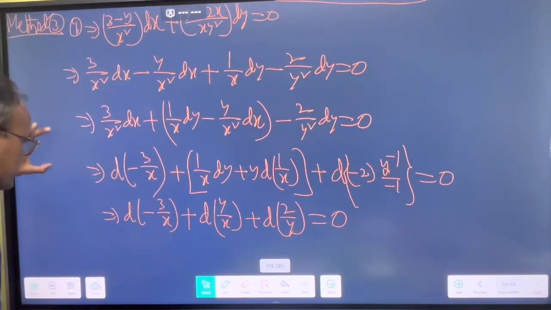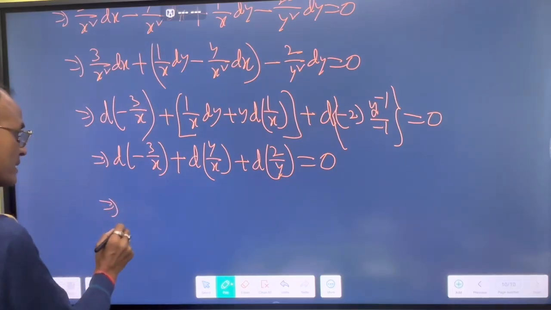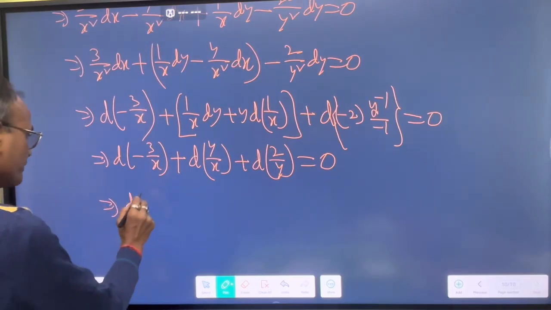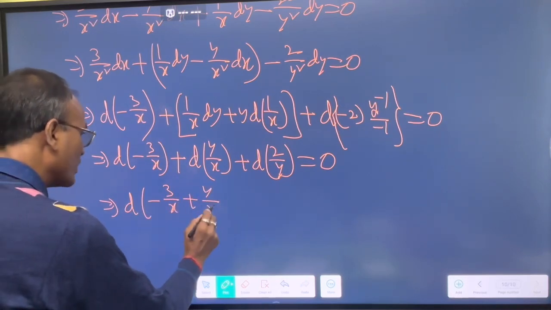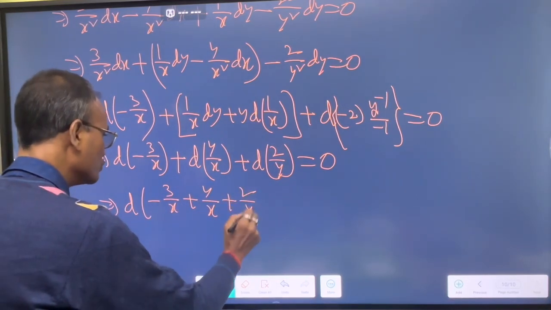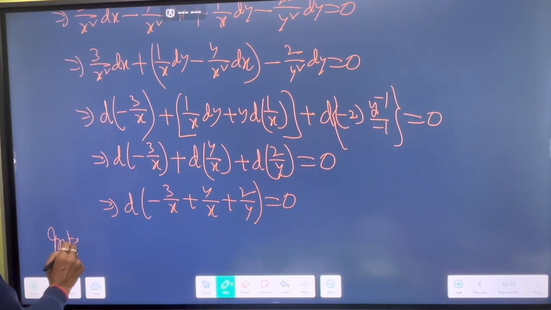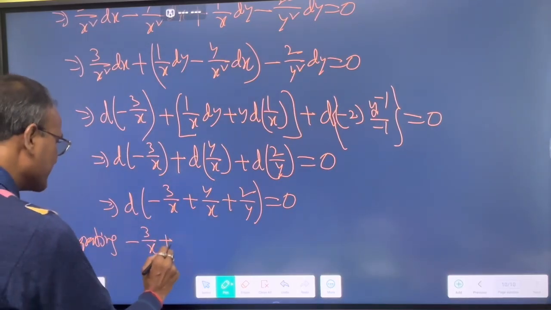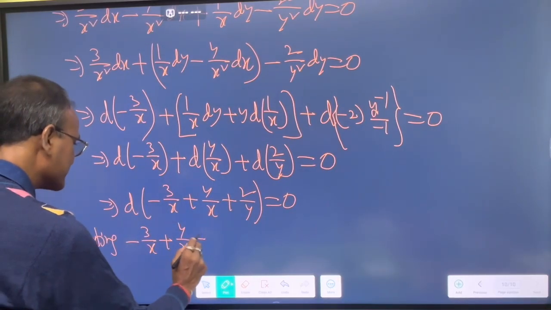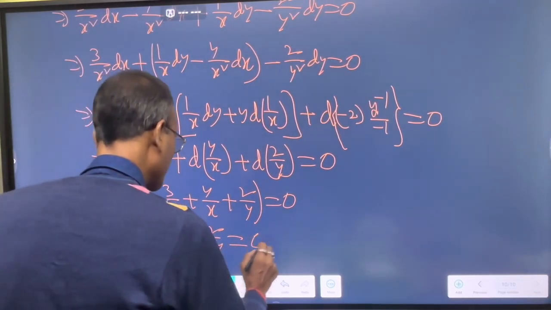Or d of (minus 3 by x plus y by x plus 2 by y) equal to 0. Integrating, minus 3 by x plus y by x plus 2 by y equal to c.